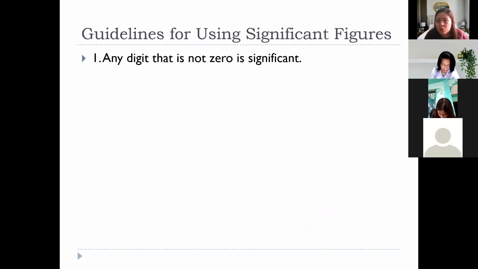So from 1 to 9, they are considered significant. If we have an example, 845 centimeter, all are non-zero digits. So we have 3 significant figures here.